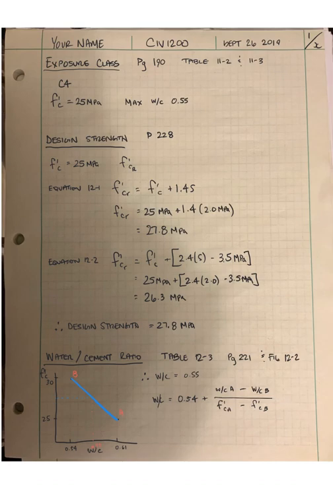And then that would all be multiplied by f'c required, right, minus f'c of B.